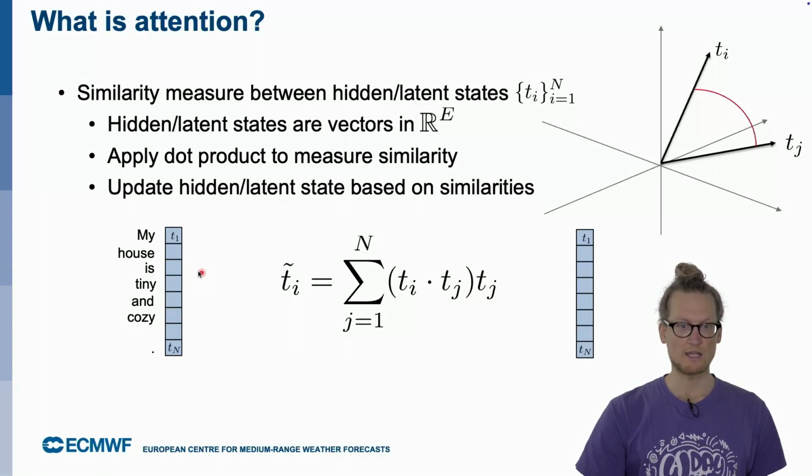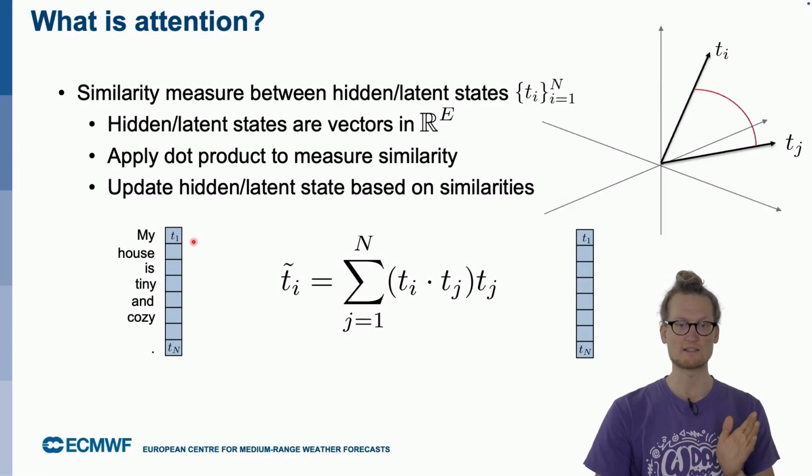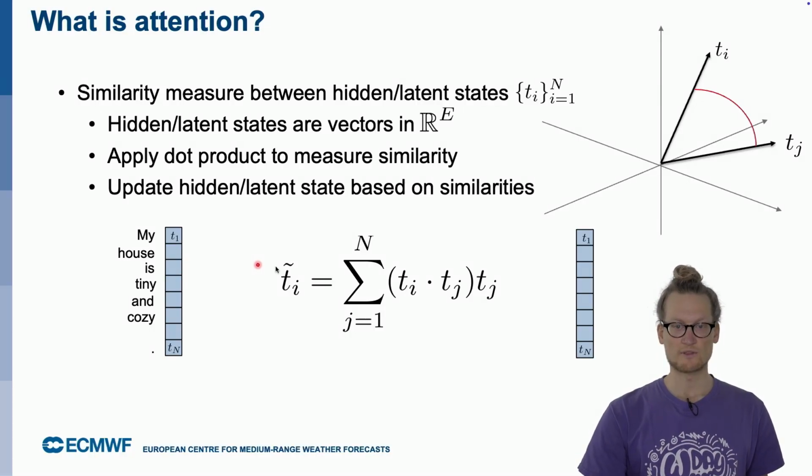Say "my" and "tiny" are very close in that vector space; then their dot product is very big, and we multiply t_j, which would be "tiny", with a large factor.